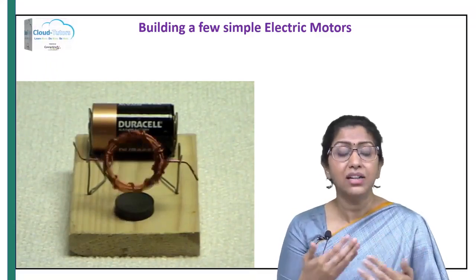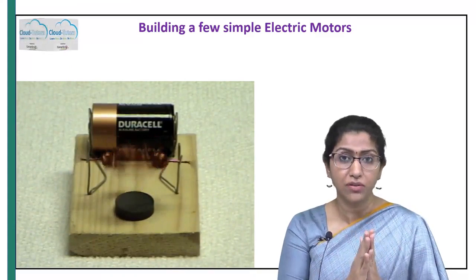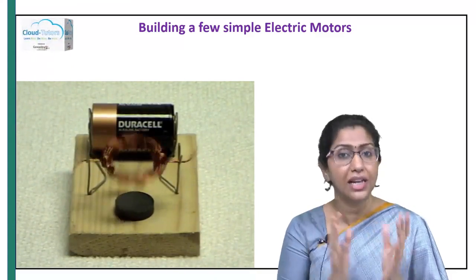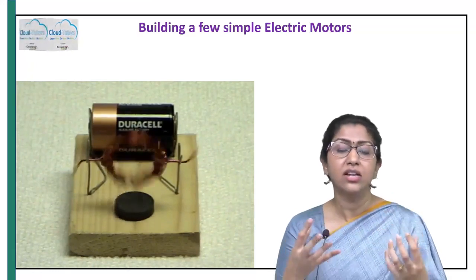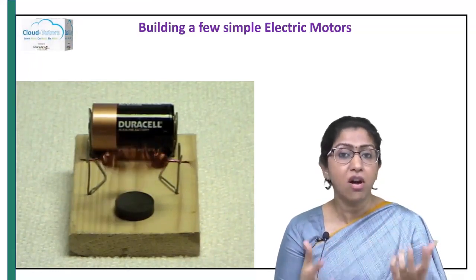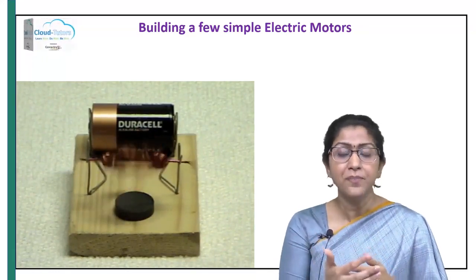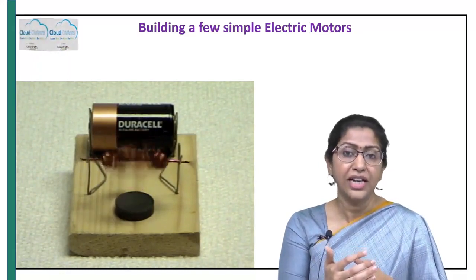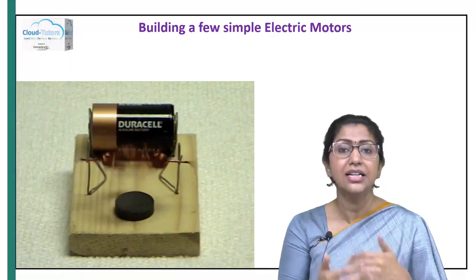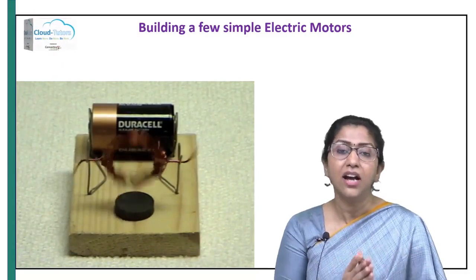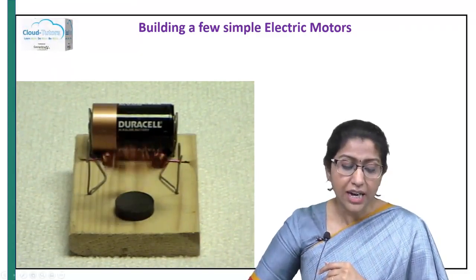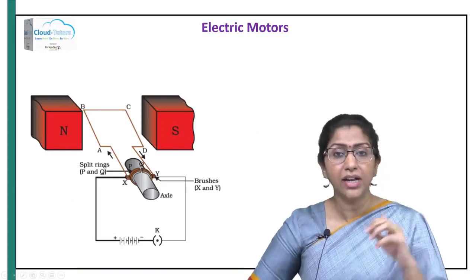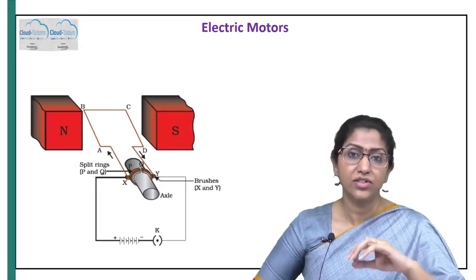There is no current carrying conductor which is pushed. So we need an electromagnet and another permanent magnet, around which there is a strong magnetic field that interacts with the induced magnetic field of the electromagnet, and the entire setup is created in this fashion. All right, now let's understand the working and construction of an electric motor.